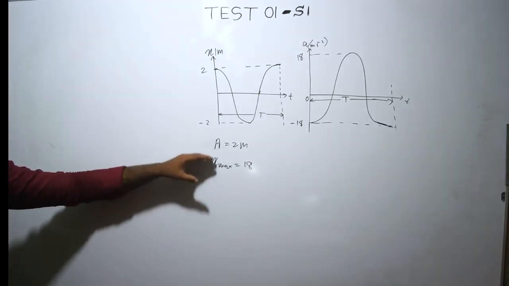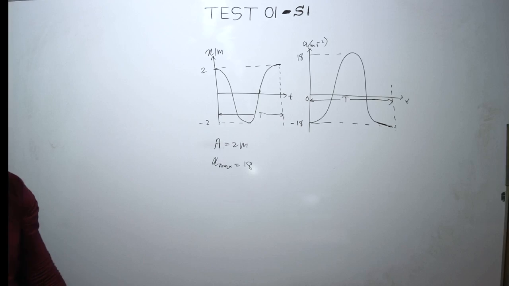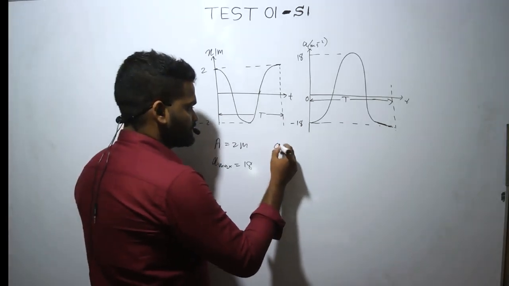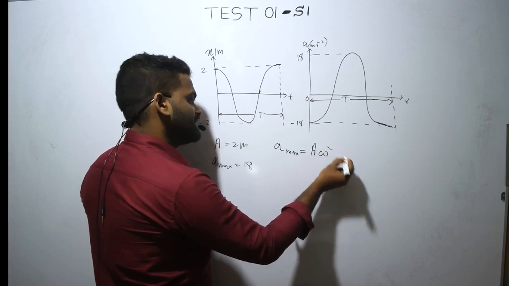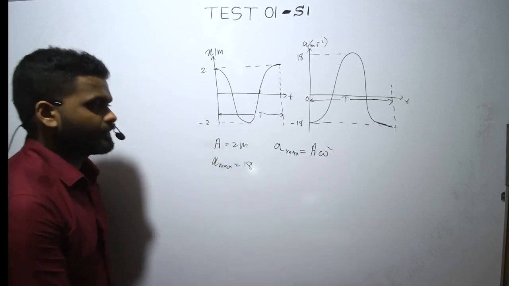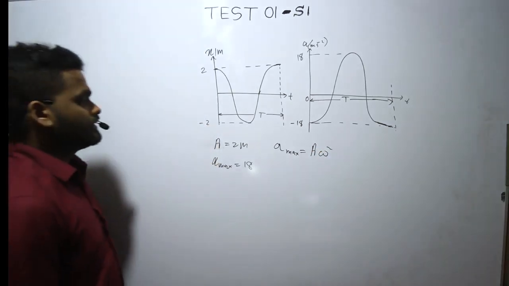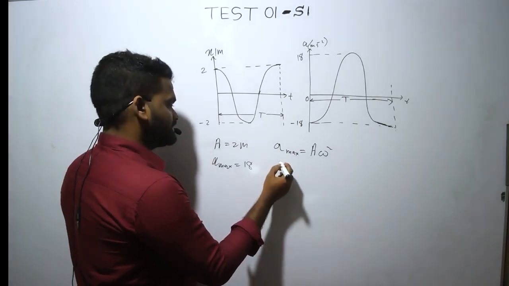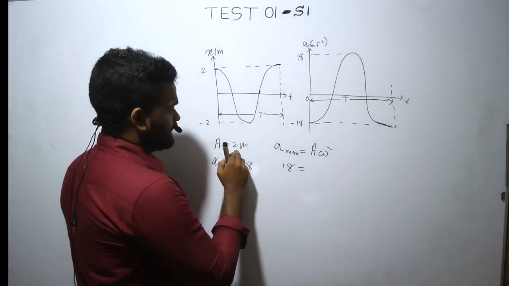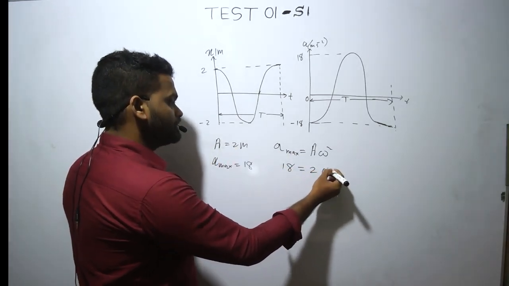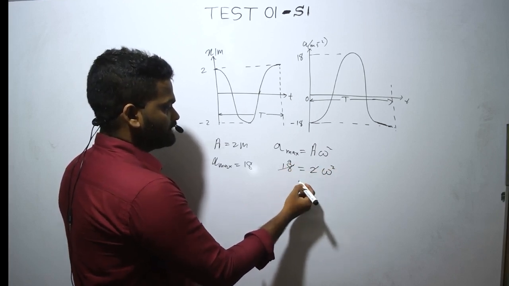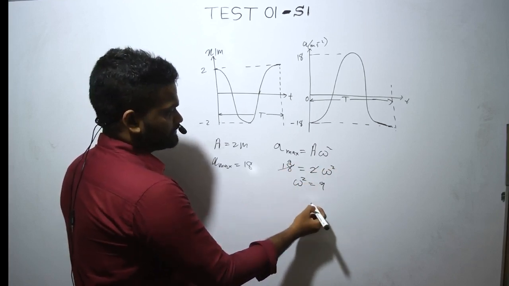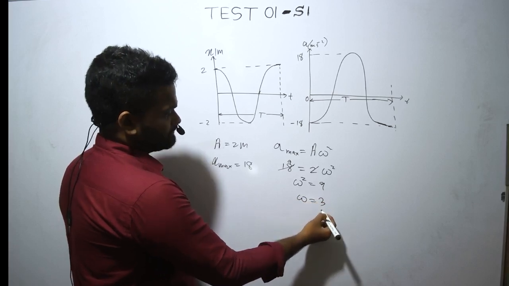So from these two, we can find the time period. So what's the equation for maximum acceleration? A omega squared, right? So maximum acceleration is 18, amplitude 2, omega squared. So 18 divided by 2, that is 9. Omega squared is 9. So omega is 3.